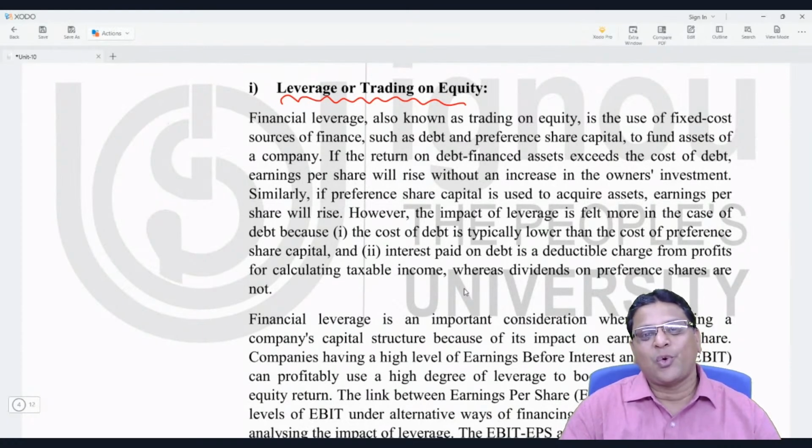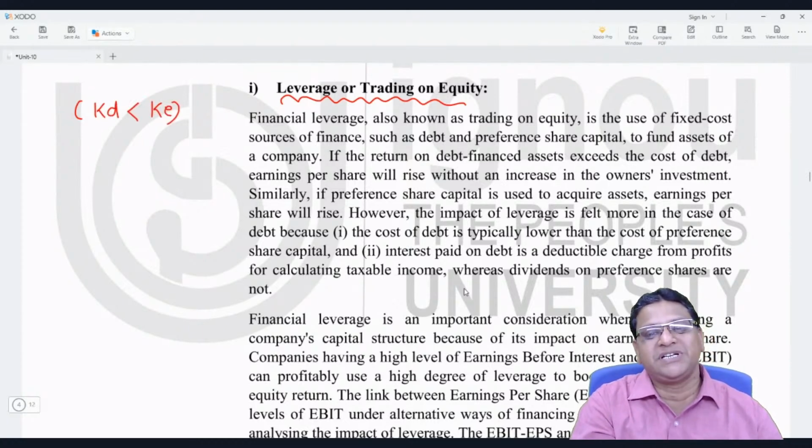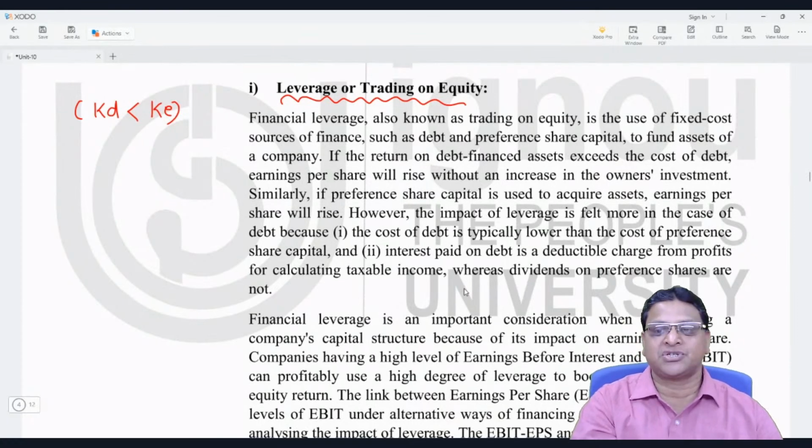We know that cost of debt is less than cost of equity, or symbolically KD is less than KE. But how much debt a company should use and how much equity a company should use, that decision is known as capital structure decision.